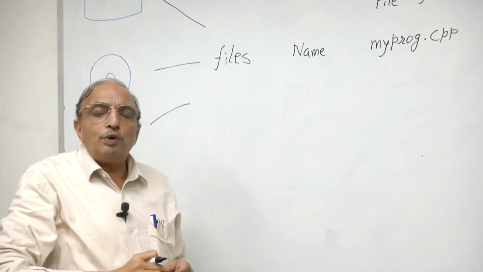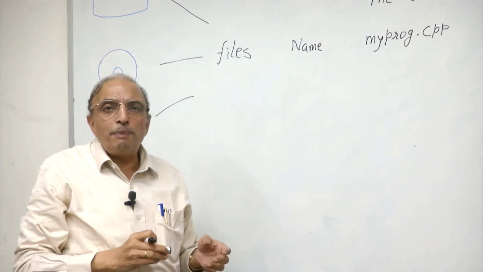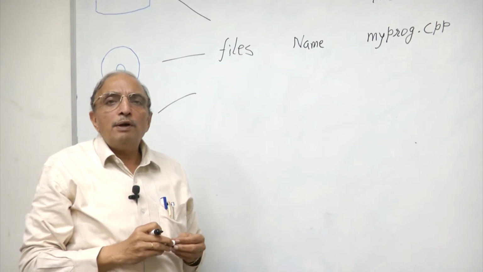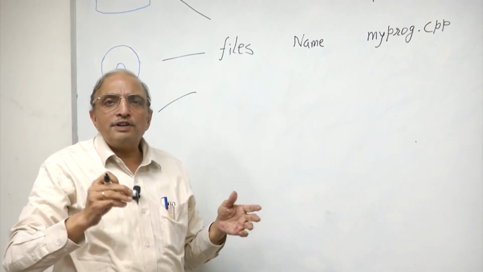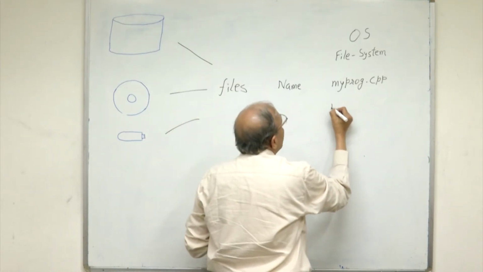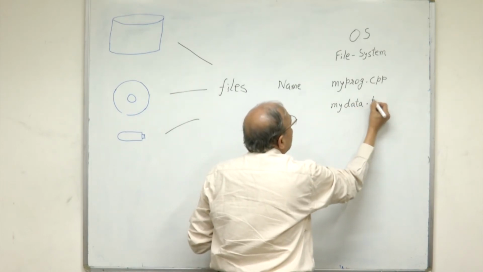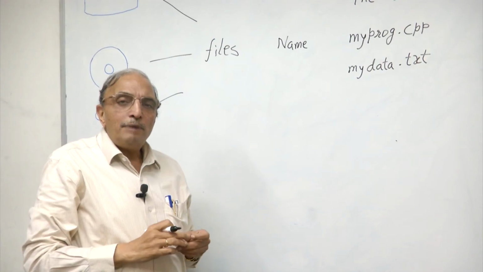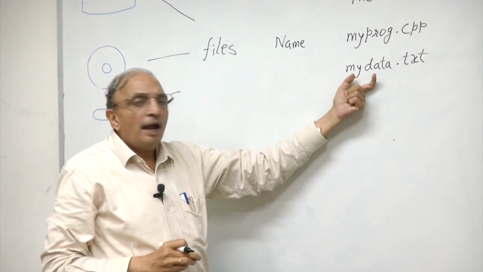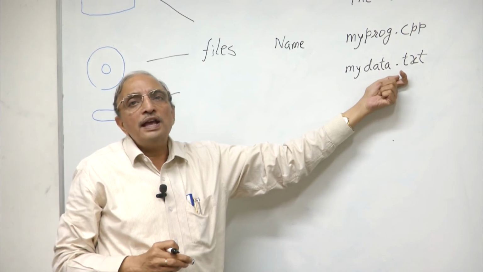It is possible to have a text file, for example, a file which you prepare using a notepad or any text editor, any simple utility would permit you to write lines of text which are all stored in a file, and these files are typically named as, for example, mydata.txt. Please note that the names have a name proper and an extension which often describes the type of data that is stored inside the file.